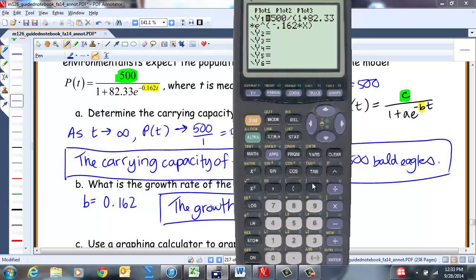Now our window, let's think about our window. I'm not sure about time, but let's try x from 0 to 30, okay? And see how that goes.